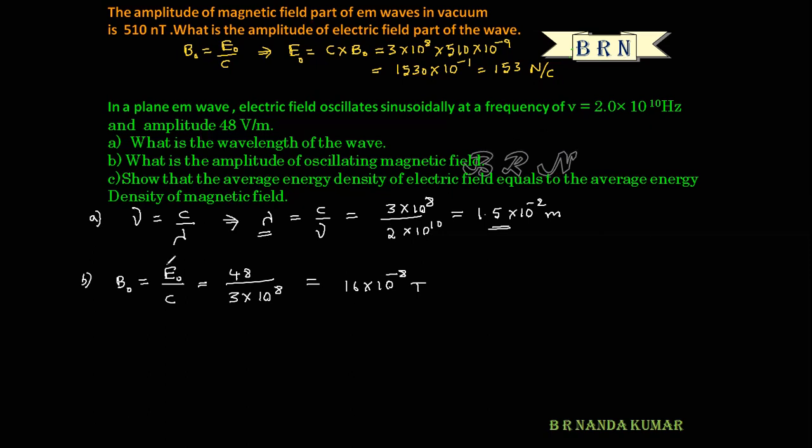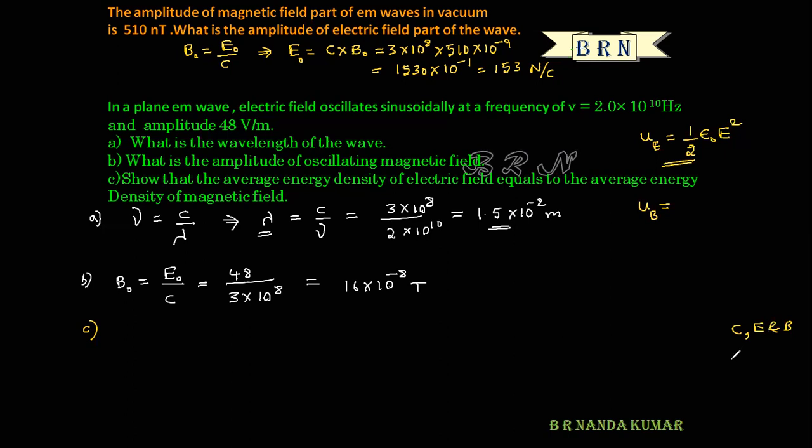And finally, we have to show that the average energy density of the electric field equals the average energy density of the magnetic field. We know that the energy density of the electric field is half epsilon naught E square. What is the expression for the energy density of the magnetic field? What is the relation connecting E and B?